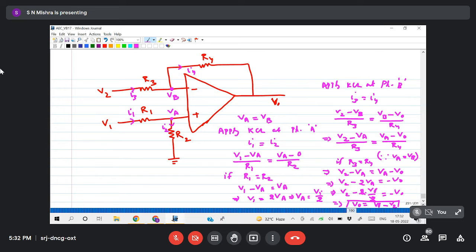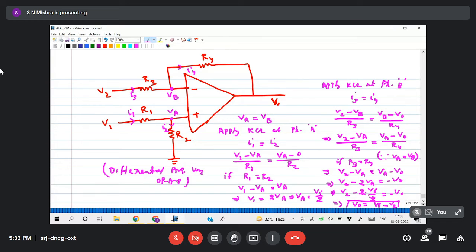So what is happening here? The two voltages whatever we have given here are subtracted. Suppose I am giving V1 as 5 volt and V2 as 1 volt. So the output will be 5 minus 1, that is 4 volt. So this is called a subtractor or differential amplifier using op-amp.